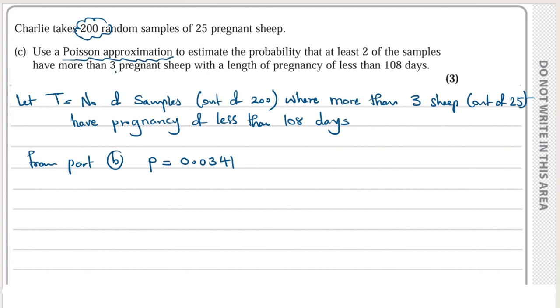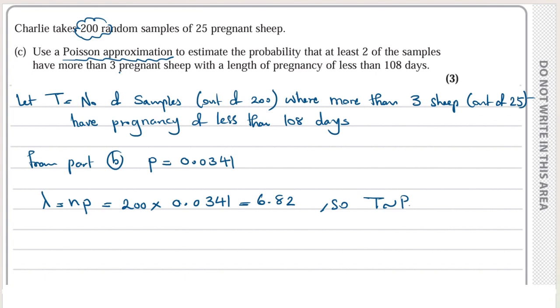So we can find lambda in this case. Lambda is n times p, and that's going to be 200 times 0.0341, which is 6.82.